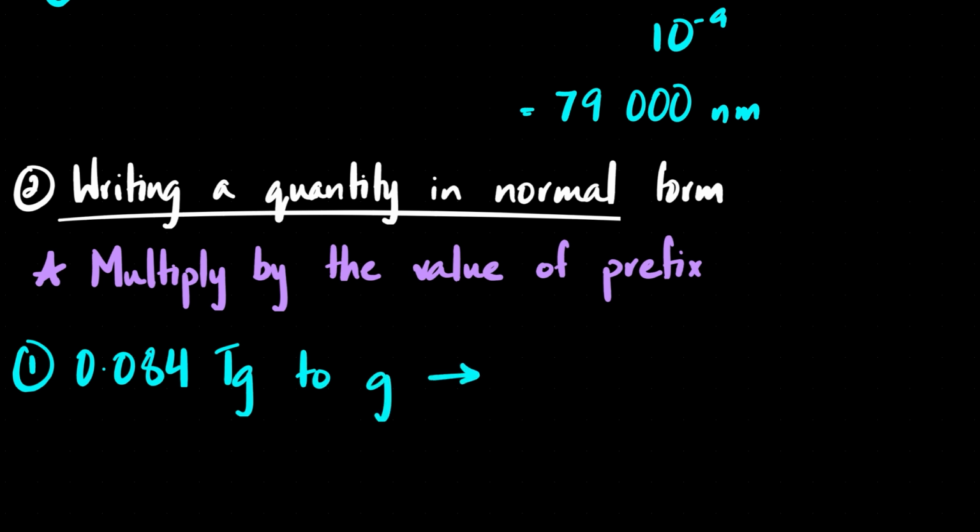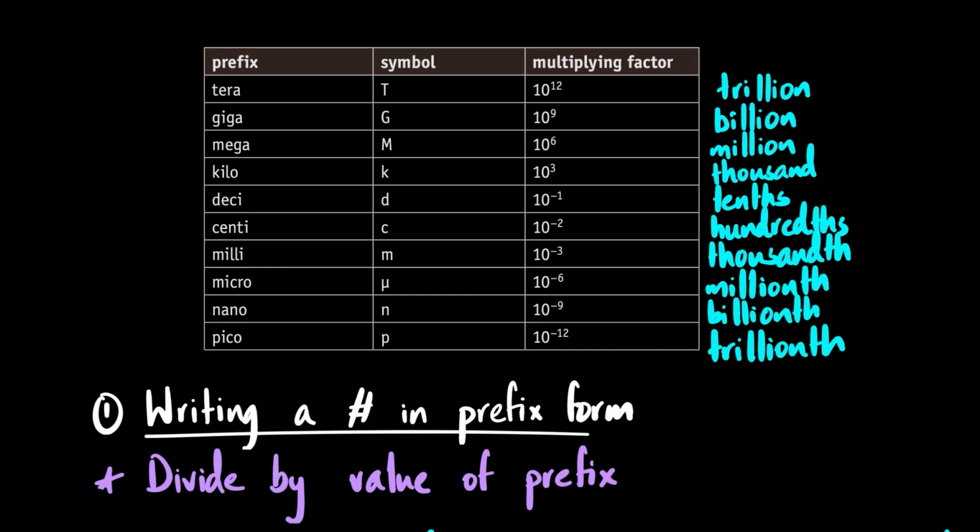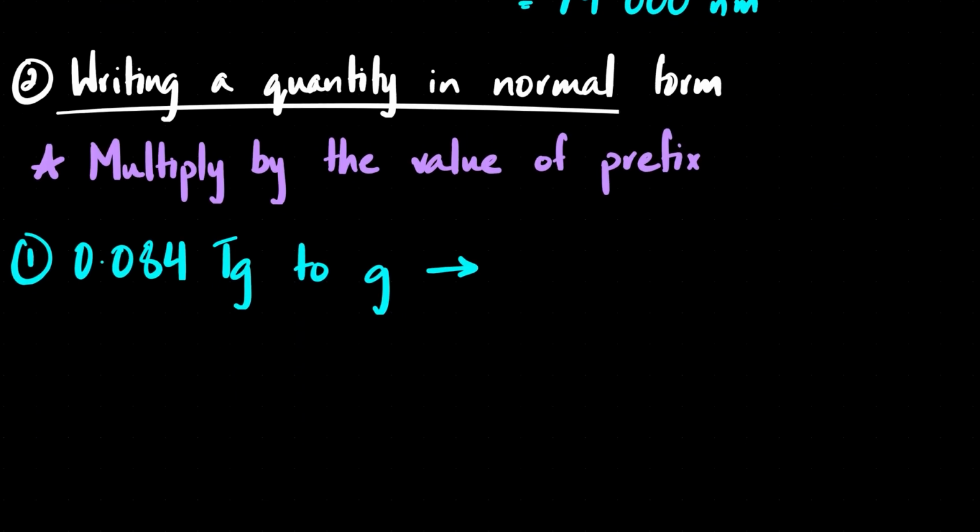And for this, all I need to do is, this tera, I know its value from the table. So tera is 10 to the 12. And literally all I have to do is replace the tera by its power of 10. So instead of this, I'm going to just write this as 0.084 into 10 to the 12.